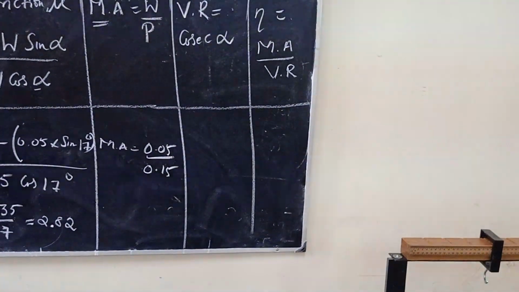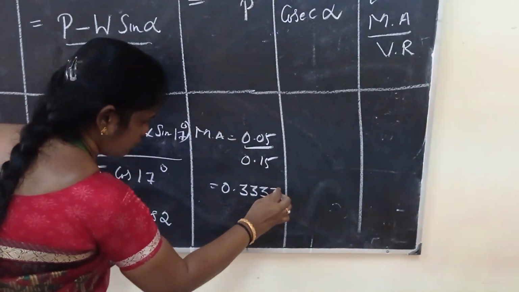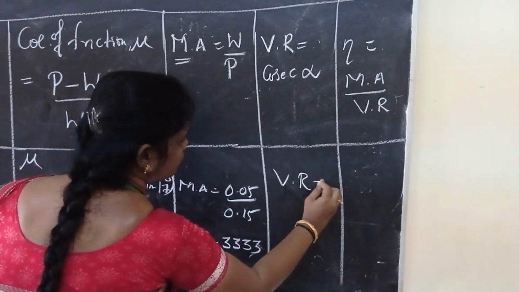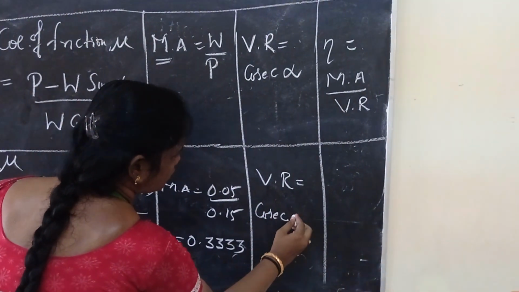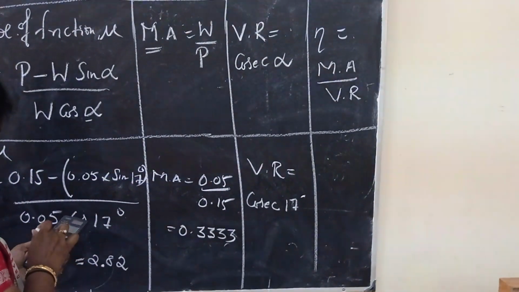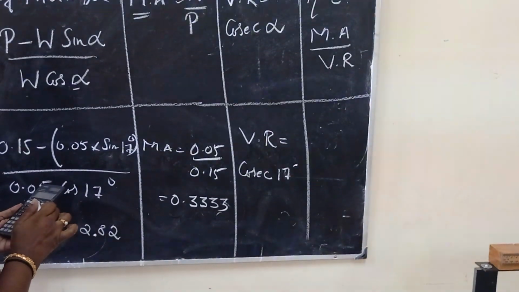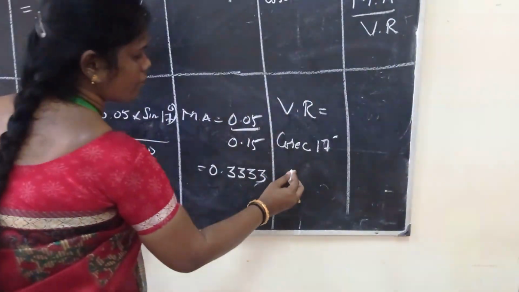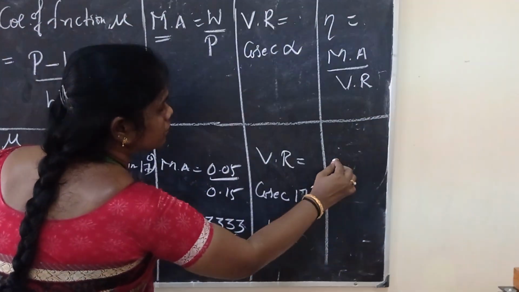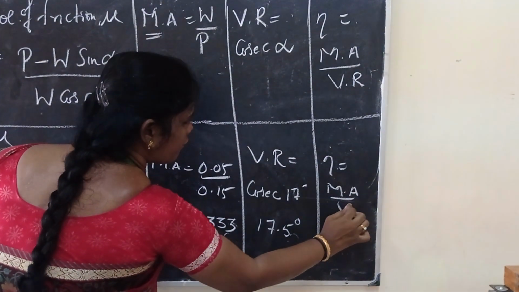Okay, I'll check the value. Efficiency is equal to MA by VA.